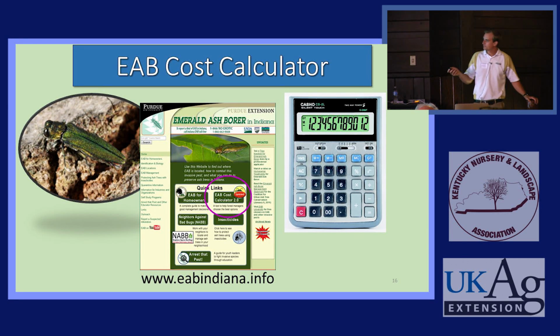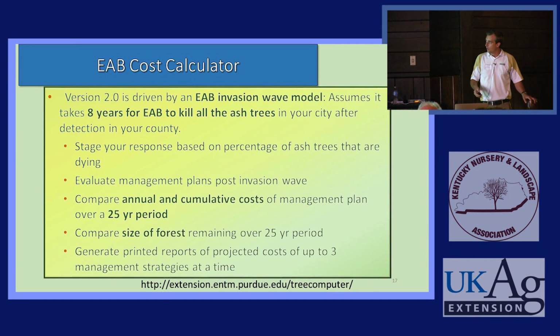So you can find this at EAB Indiana.info. This is the Purdue extension page, and right here we have it, the EAB Cost Calculator. Quickly, what it does: it's driven by that model I showed you earlier, the EAB invasion wave model. It takes about 8 years for EAB to kill the ash trees.